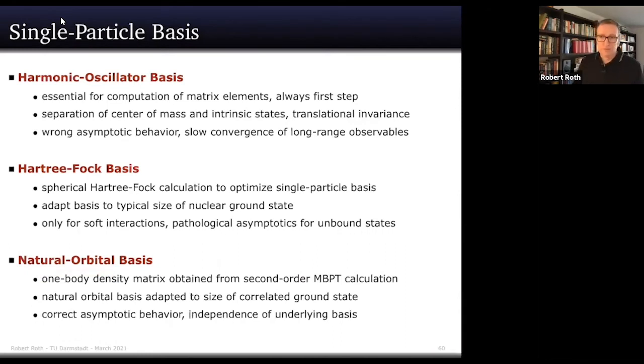I don't want to bore you with the details here, but the idea is that once you go here, you have additional information encapsulated in your single particle basis, which is not yet well represented in the Hartree-Fock basis. And this is important for the usefulness of these bases in NCSM type calculations.